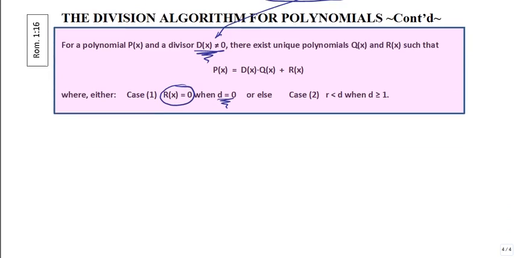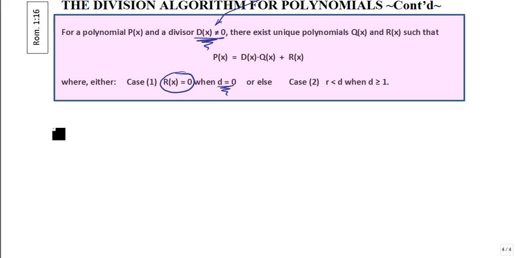I have one case left to do. Let's do the second case. Case 2, i.e. the degree of the divisor polynomial is greater than or equal to 1. And here we will do a proof by contradiction.